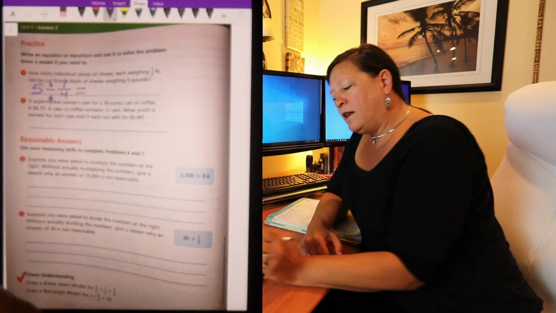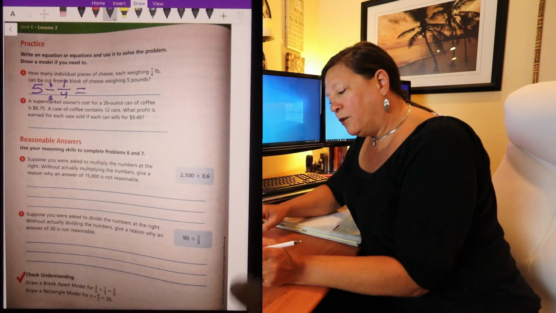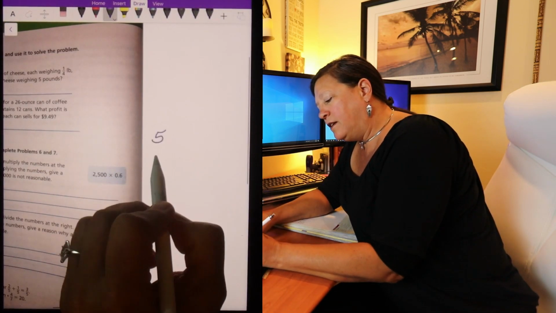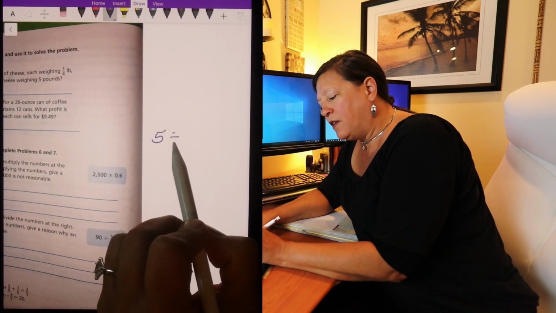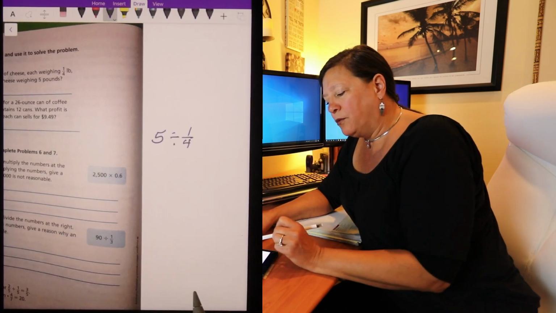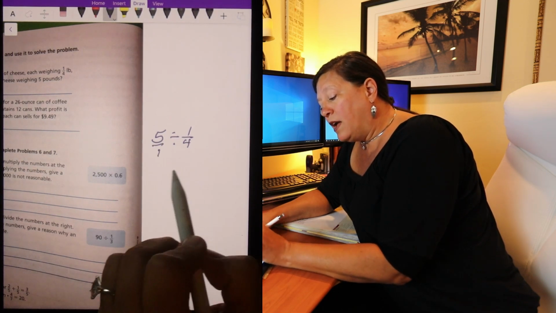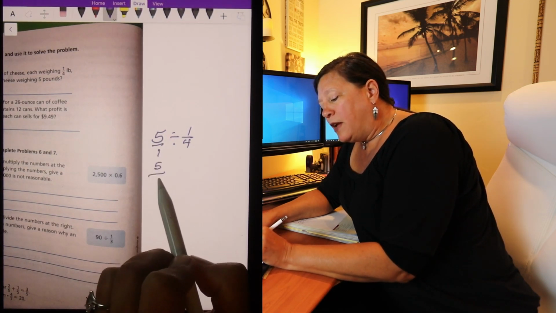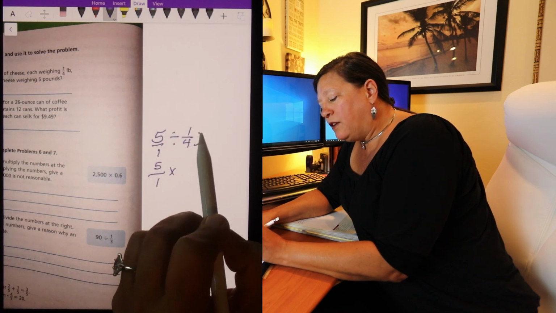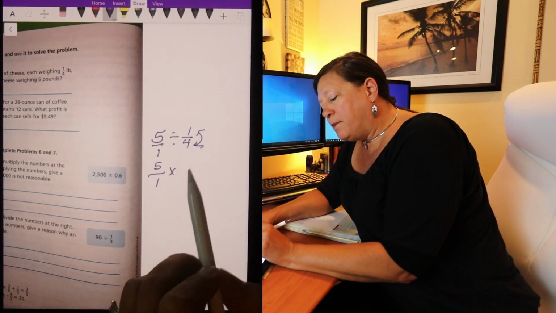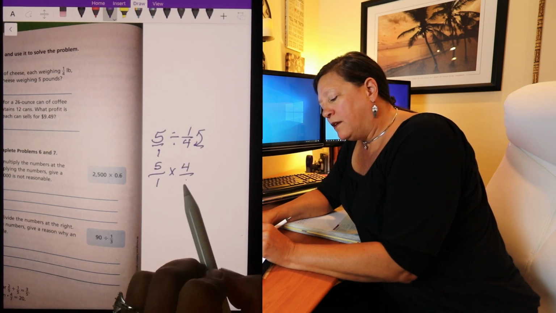Okay? Now here's a little reminder. When we are working with dividing fractions, 5 pounds into 1/4 pounds, we put our whole number over 1, but then we have to turn this into a multiplication problem by getting the reciprocal, or flipping the second one.